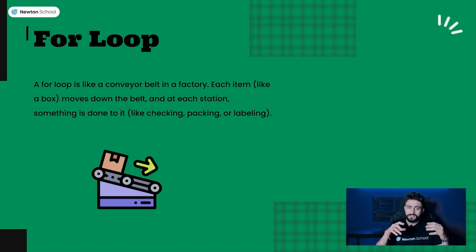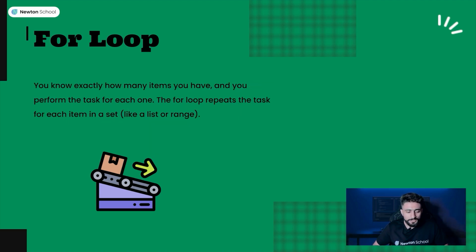For example, first it's checking, packing, and labeling. So there are multiple stages of a product. You know exactly how many items you have, and you perform the task for each one of them. So the for loop repeats the task for each item in a set.